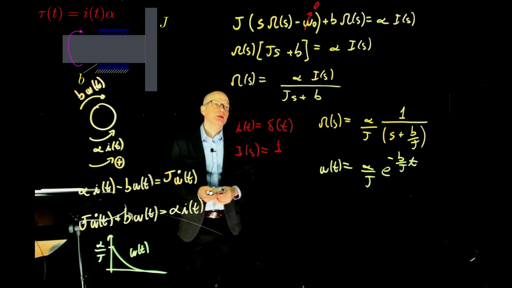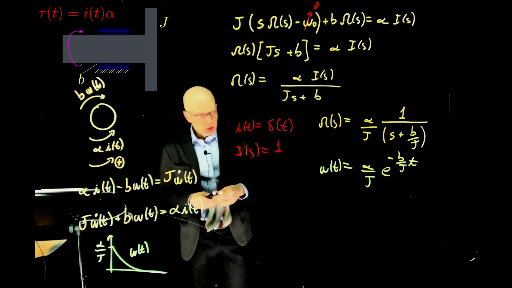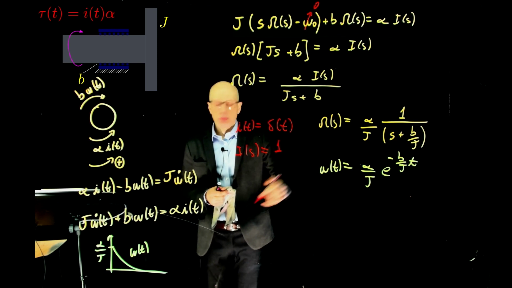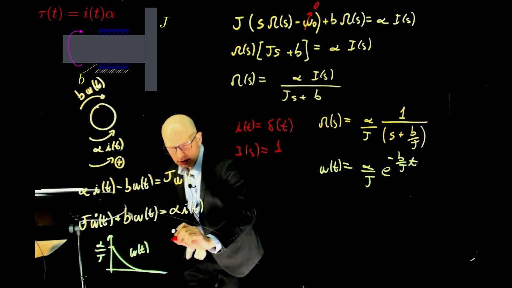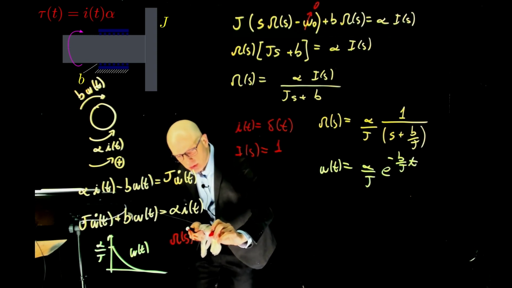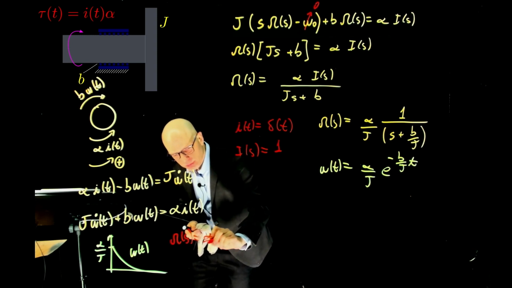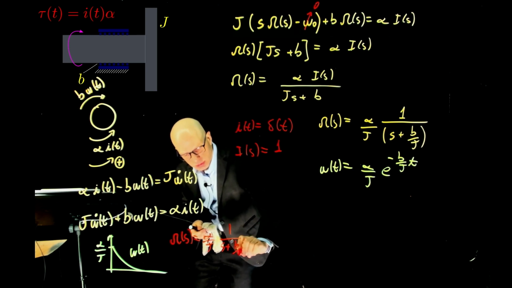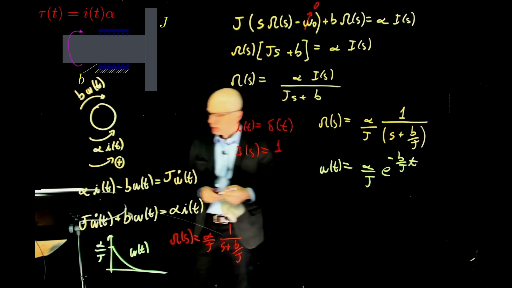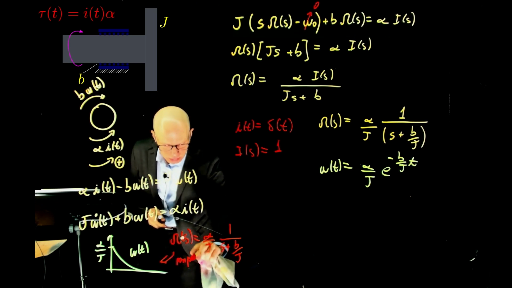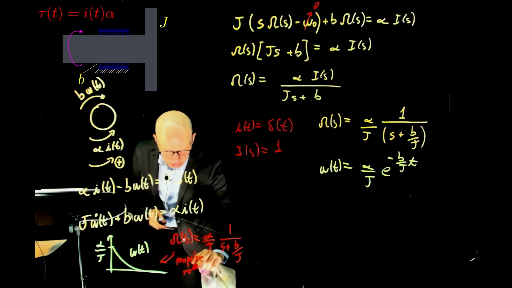Let me write here: this is the impulse response, alpha over j times 1 over s plus b over j.